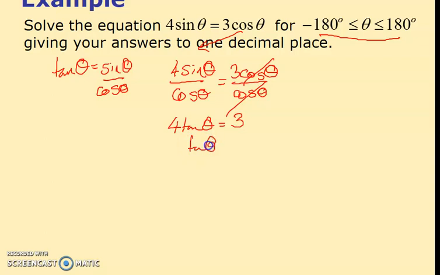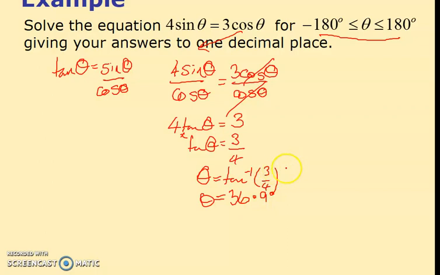I'll move the 4 over, it becomes a divide when I move it over. And then finally I can move the tan over and I get inverse tan of 3/4. So inverse tan of 3/4, again on my calculator, and it comes up with 36.9 degrees. Okay, theta equals 36.9 degrees.